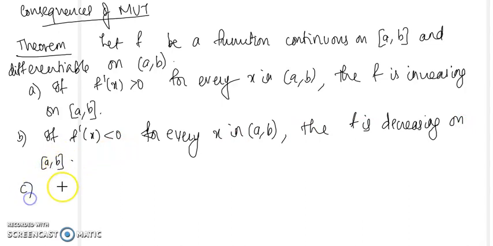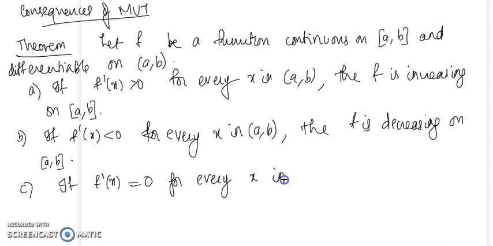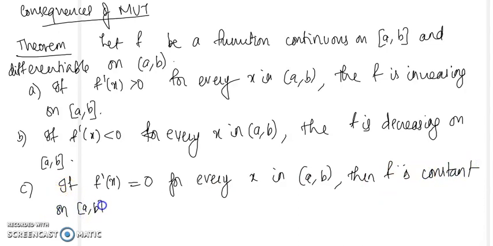And again, if f dash of x is equal to 0 for every x in the open interval AB, then f is constant on the closed interval AB.